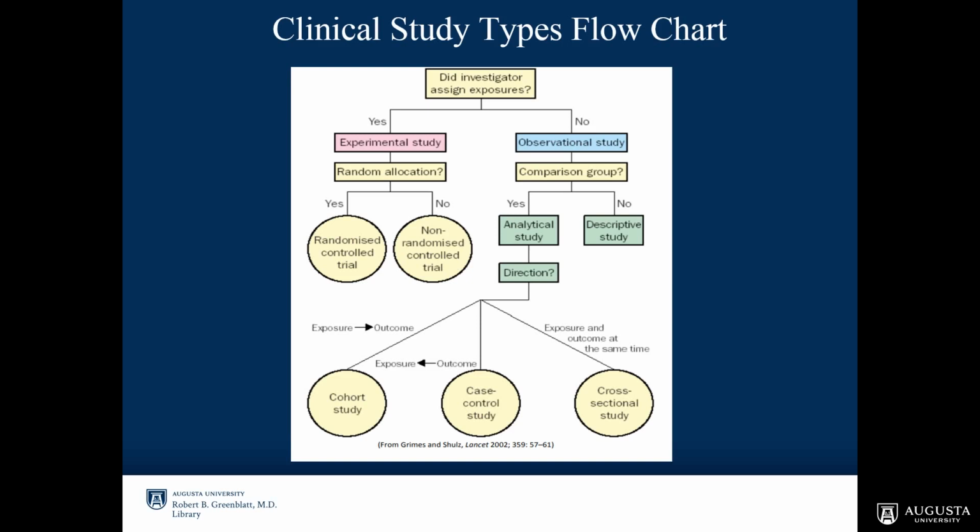In the case control study, you're going retrospectively, looking at the outcome, so patients that already have the condition, like our lifeguards with sunburn, and looking back in time to see what they did to prevent the sunburn and determine which is more effective. And then there are also cross-sectional studies where you're looking at the exposure and the outcome at the same time.